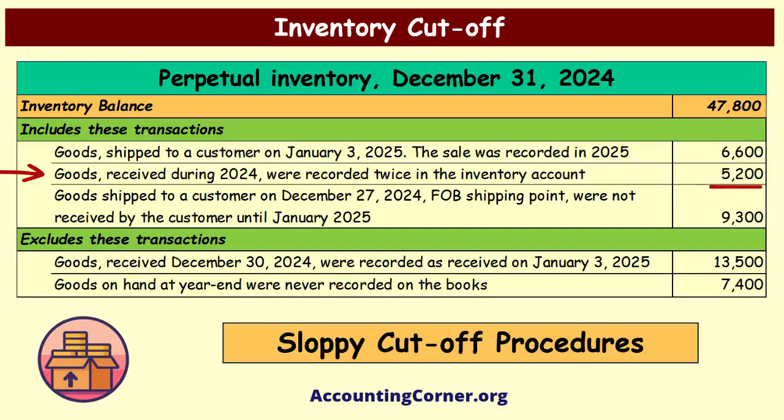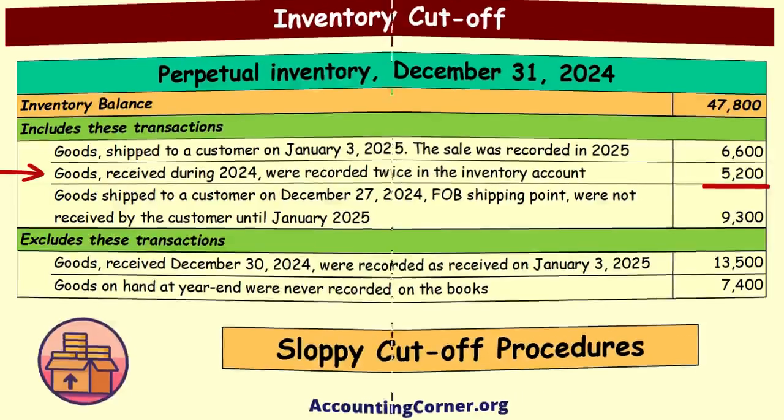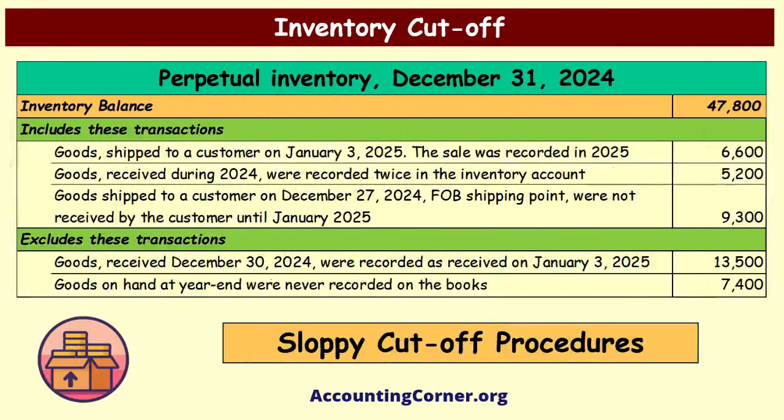The cost of these goods is $5,200. Event number 3. Goods shipped to a customer on December 27, 2024, FOB shipping point, were not received by the customer until January 2025. The cost of these goods is $9,300.